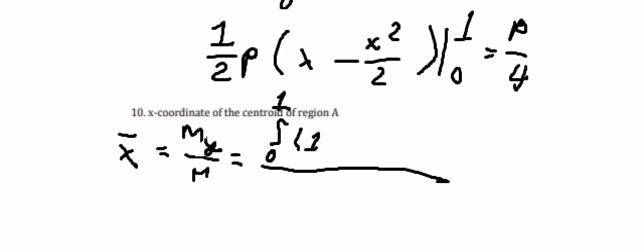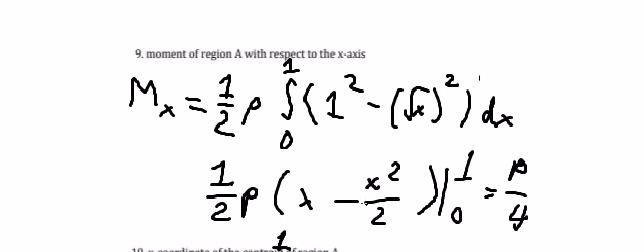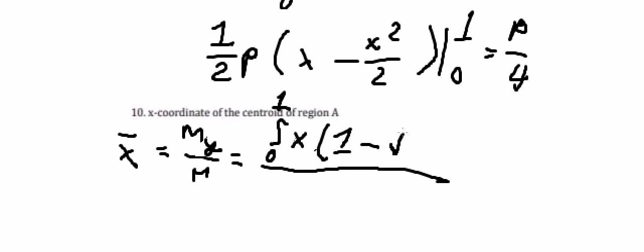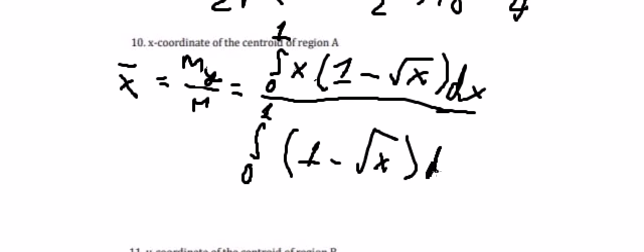So we get s multiplied with number 1 minus the square root of s ds, and we have the integral from 0 to 1, and we have 1 minus the square root of s ds.